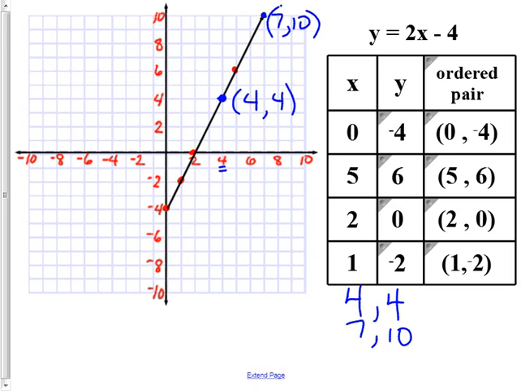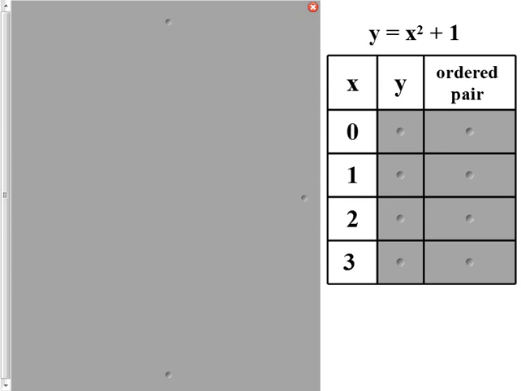So again, any point on that line is going to give me an ordered pair that fits that equation of y equals 2x minus 4. One more. If x is 3, 3 times 2 is 6. 6 minus 4 is 2. Notice that that point right there is at 3, 2.